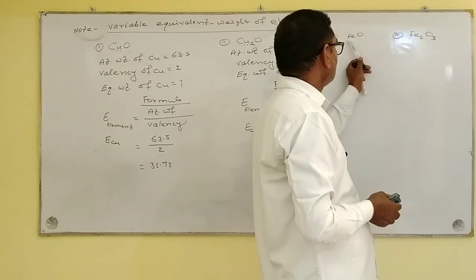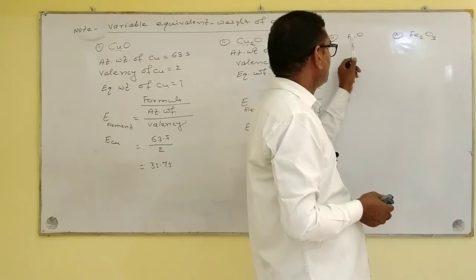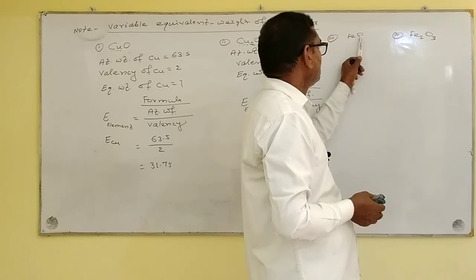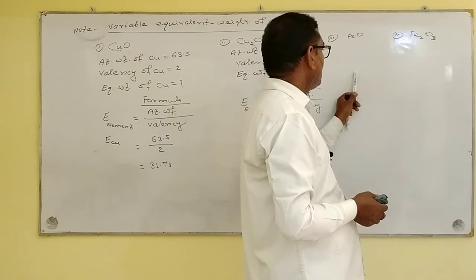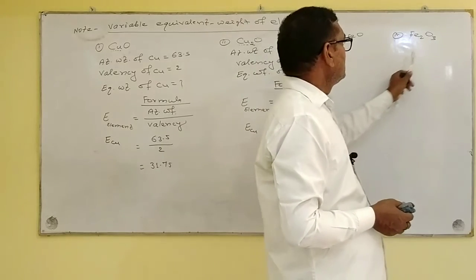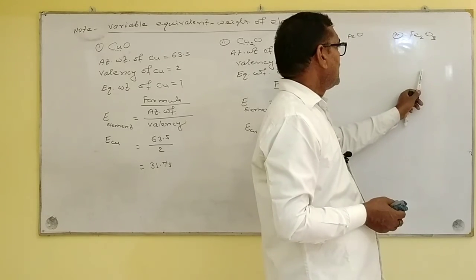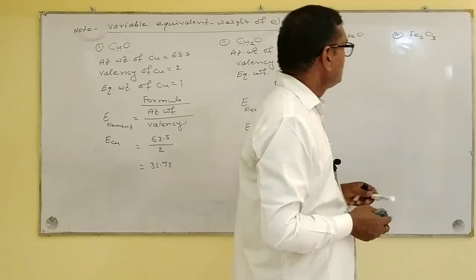Atomic weight is written the same, but valency is written differently. In ferrous oxide, we divide atomic weight by 2. In ferric oxide, we divide atomic weight by 3.